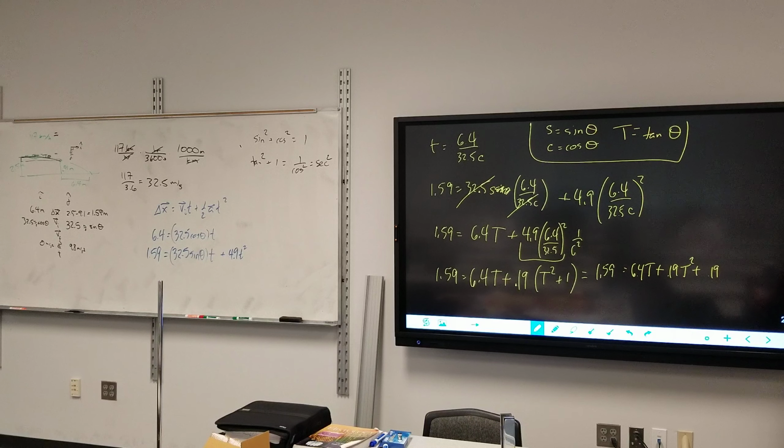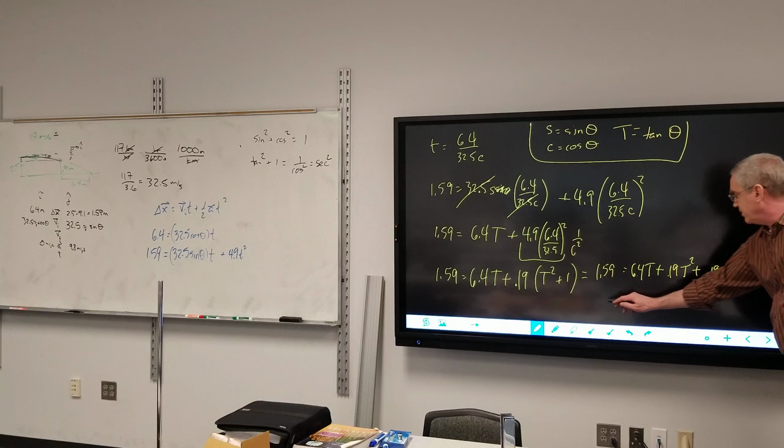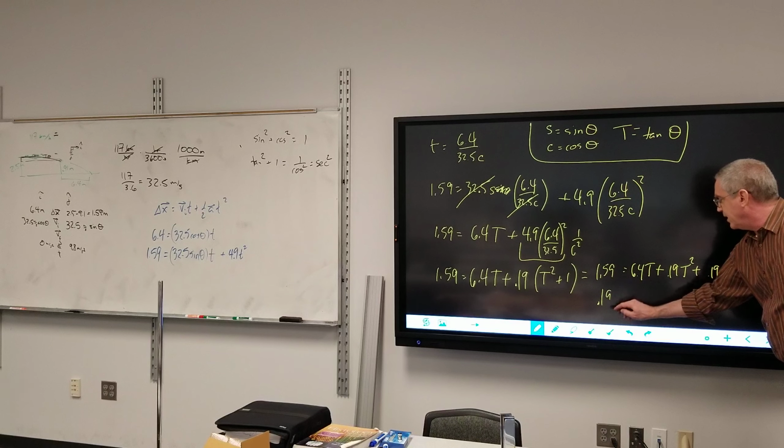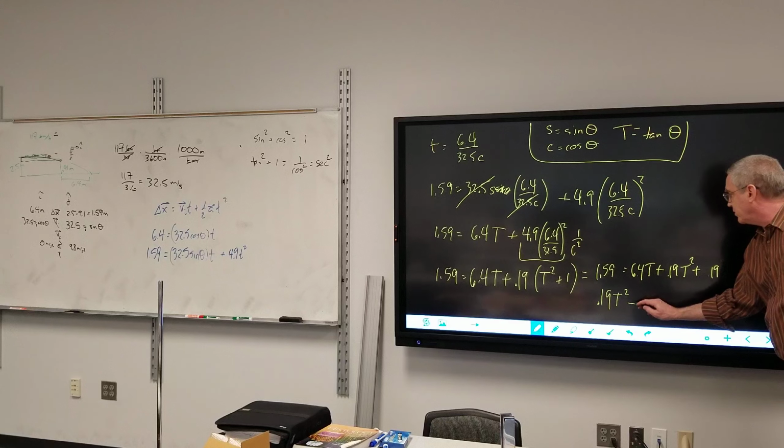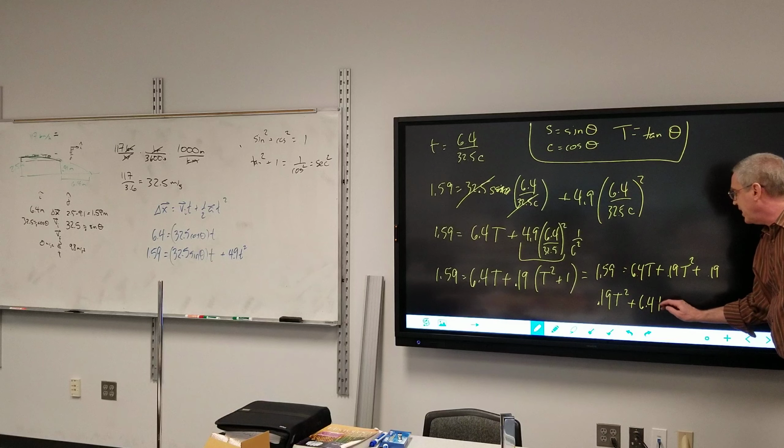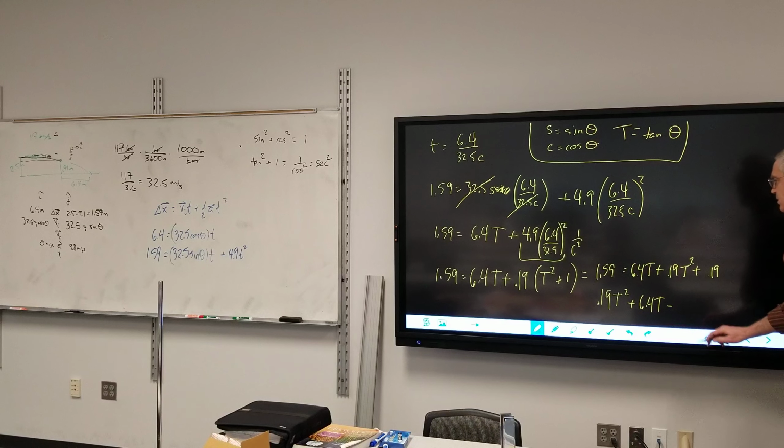We use the quadratic formula. Let's get everything on one side. So I got 0.19 tangent squared plus 6.4 tangent minus 1.4 equals 0.